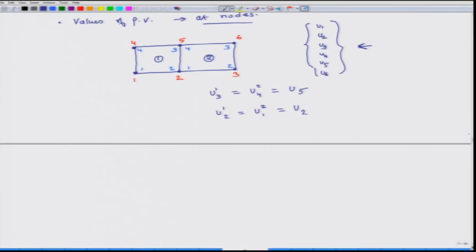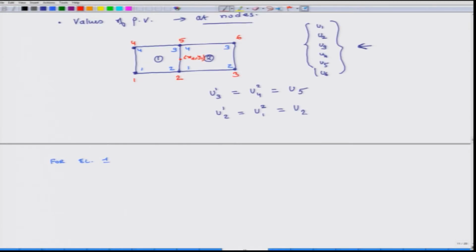Now, suppose the first thing we may be interested in is to find the value of u at this midpoint or some point. How do we find it out? Let us say the coordinates of this point are x1, y1.